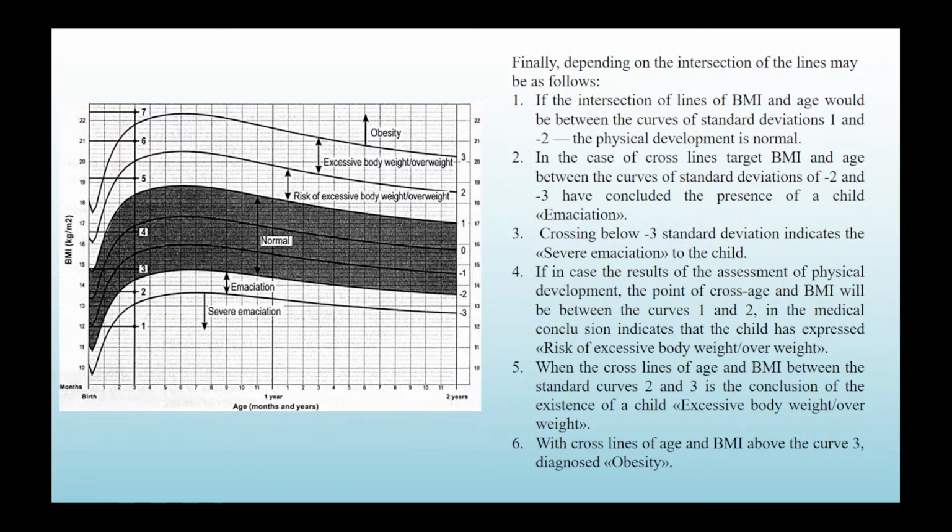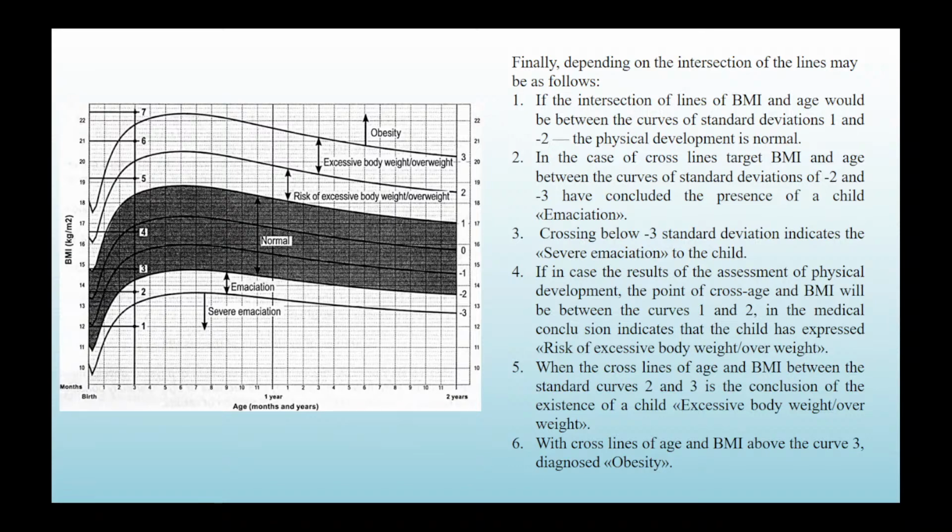If the result of the assessment of physical development shows the point of crossing of age and BMI between the curves 1 and 2, the medical conclusion indicates that the child has an expressed risk of excessive body weight, overweight.